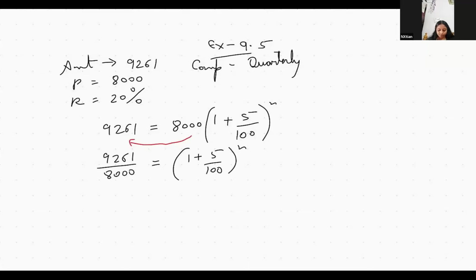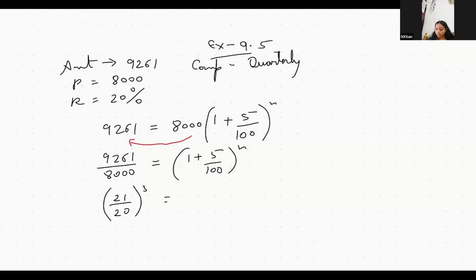Now 9261 and 8,000, you can do the factorization and we will know that 9261 and 8,000 are cubes, both are cubes of 21 and 20. You can just find out the cube roots by factorization.